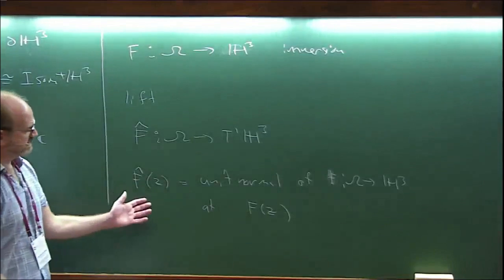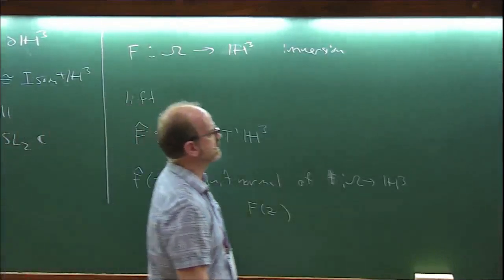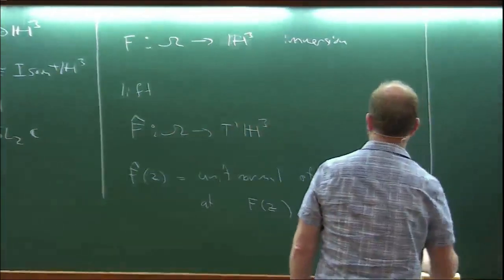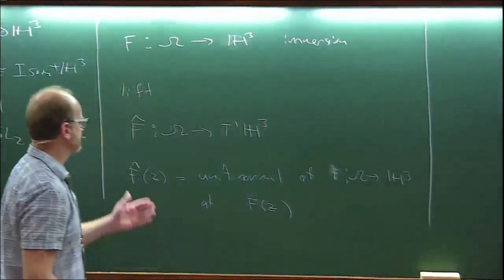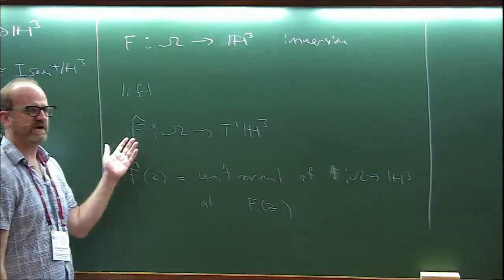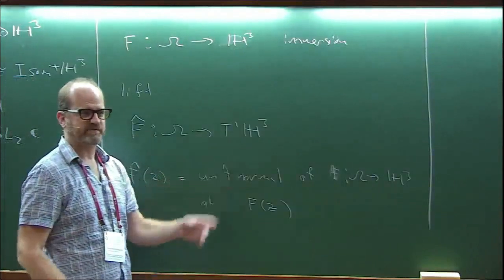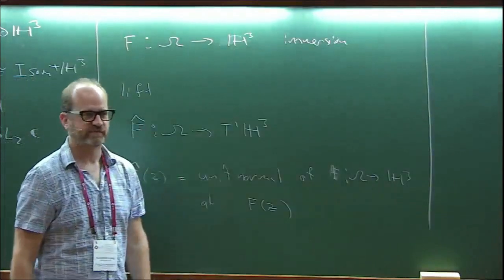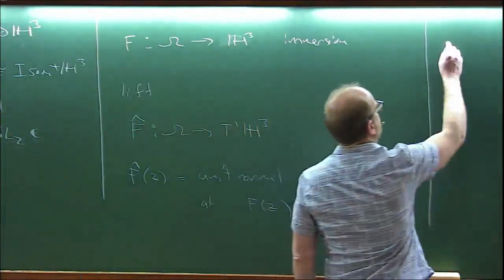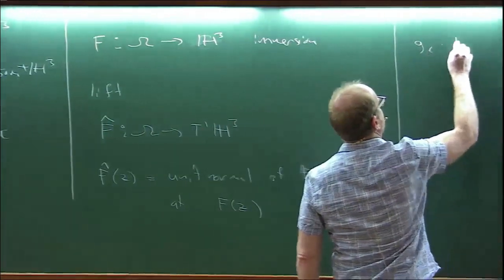Now, the nice thing about looking at this immersion is there's a natural one-parameter family of maps one can get out of it. If we have a vector in hyperbolic space, we can flow along the geodesic. So in particular, we have the geodesic flow.